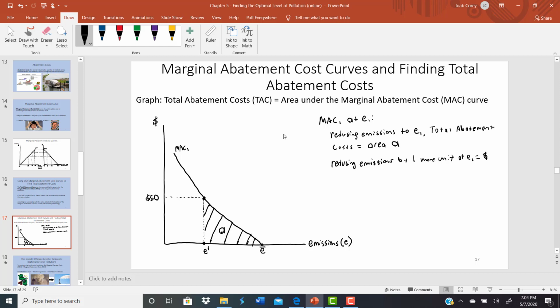That's the marginal cost of reducing another emission when we've already reduced emissions down to E1.